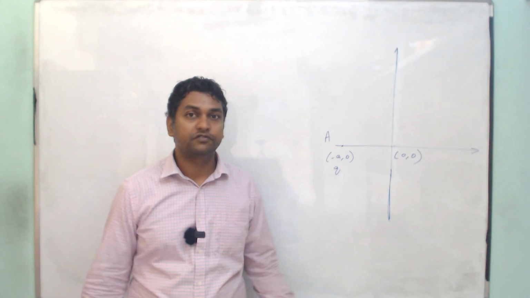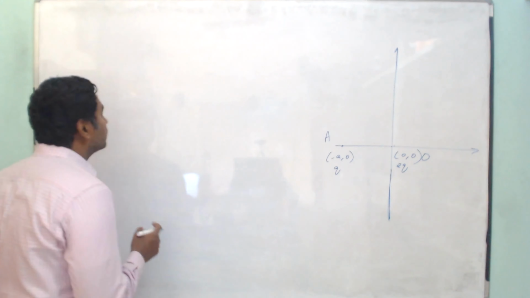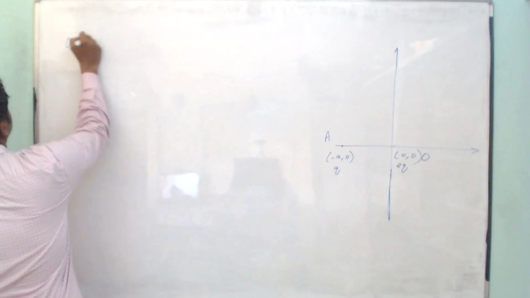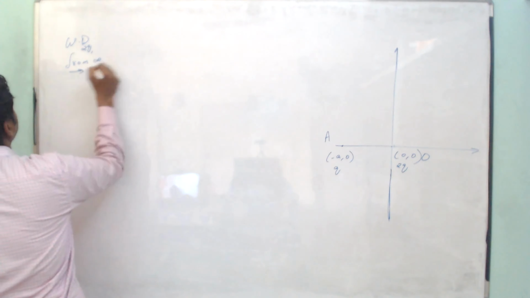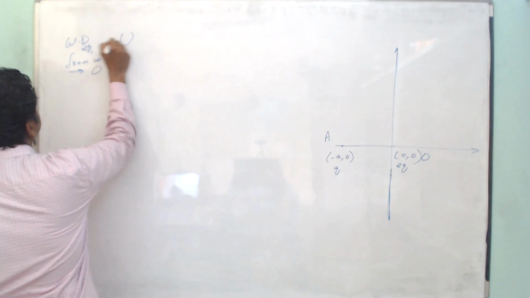Next, I will bring a charge 2Q to the origin, from infinity to the origin. Now, what is the work done? Work done to bring the 2Q charge from infinity to origin point O is nothing but the electrostatic potential energy between charge Q and 2Q.